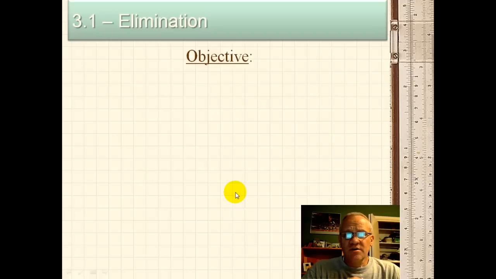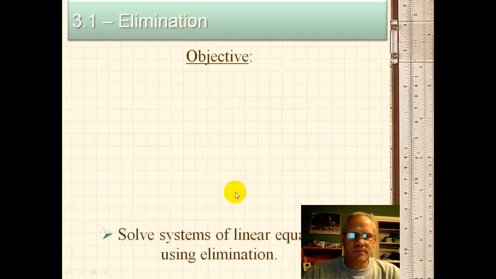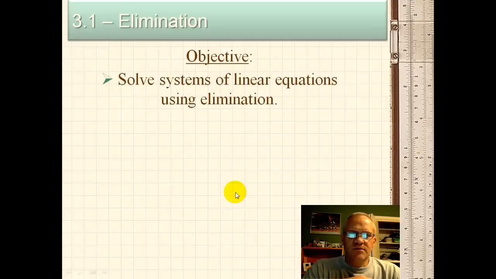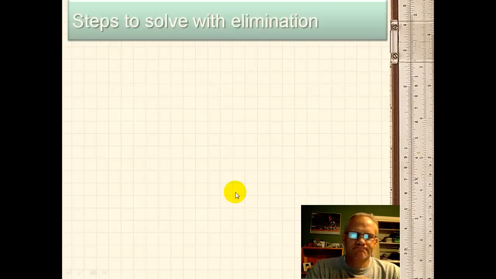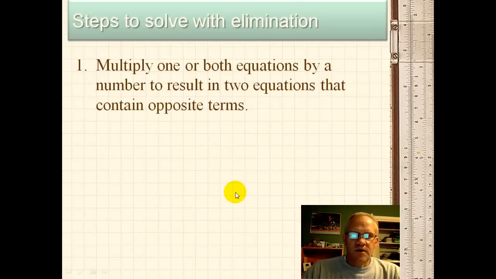All right, well, let's get started. First of all, our objective for today: we want to be able to solve systems of linear equations using elimination. Here are the steps. First of all, multiply one or both equations by a number to result in two equations that contain opposite terms.